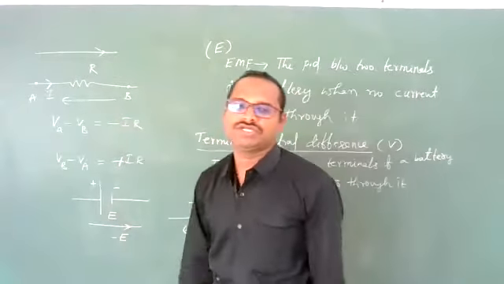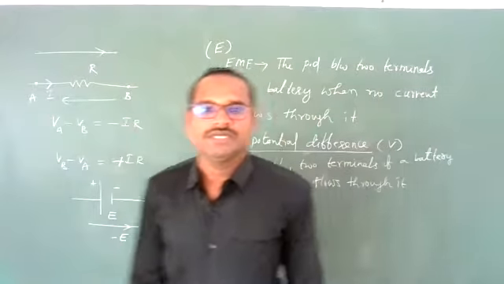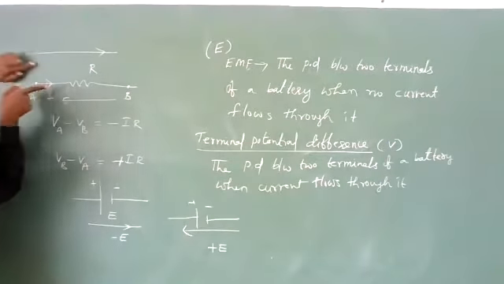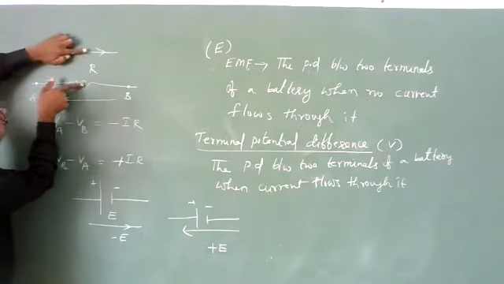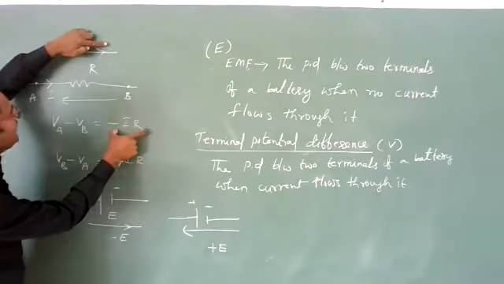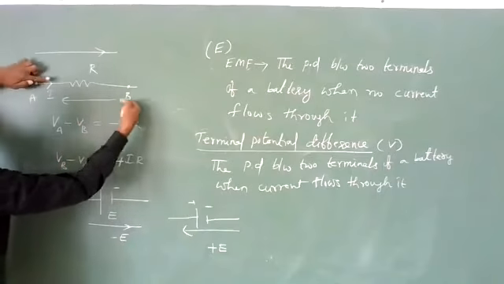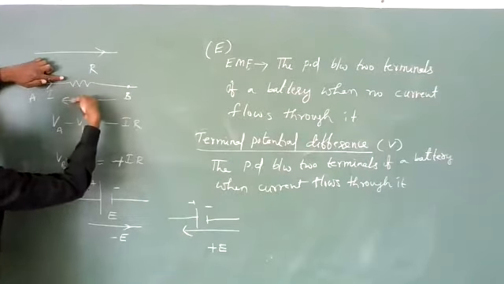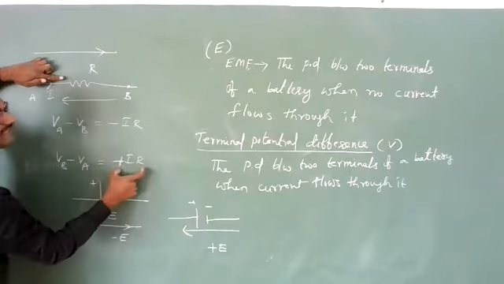Now, across the resistor, how you are moving, point out. If you are moving in the direction of flow of current, then potential drop will be there. And across the resistor, if you are moving in the opposite direction to the flow of current, then potential gain will be there.